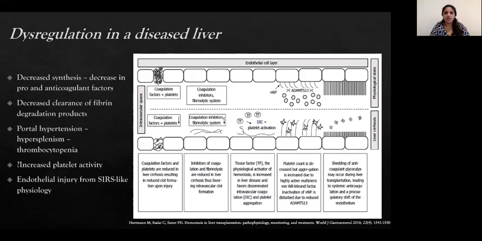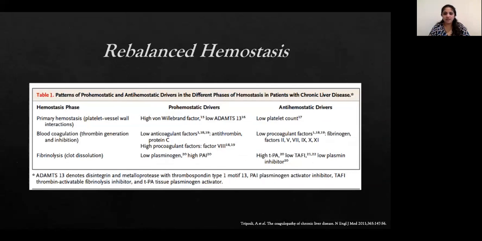What happens? So this is a great slide. I feel like it discusses what problems happen in chronic liver disease in different phases of hemostasis. So when it's primary hemostasis, the platelet vessel wall interaction, you have low platelet, but then you have high von Willebrand factor and low ADAMTS13.